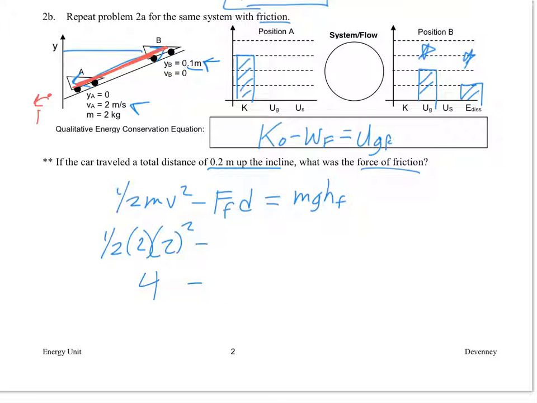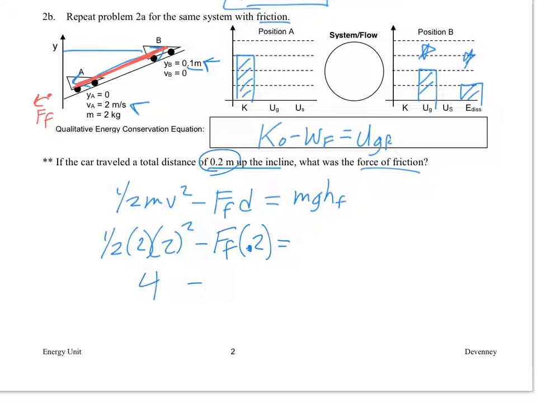Our force of friction would be parallel to the slope, but down it. Okay, so I can find that force of friction if I put in our distance that it traveled, and it says that it traveled 0.2 meters up the incline. That's equal to our gravitational potential energy. It's a 0.2, not a negative.